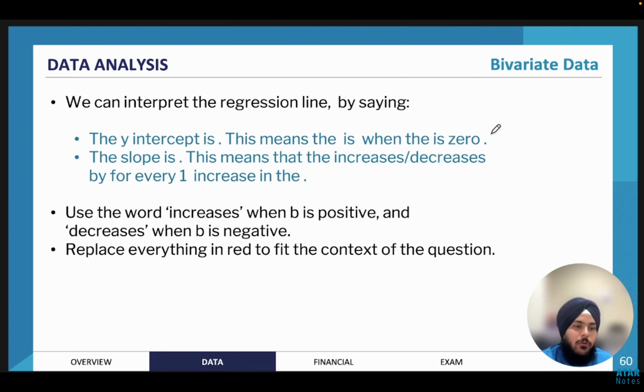Having a really good structure when you're describing the slope or the y-intercept is really important, because otherwise you'll get confused in the actual exam and you won't know what to write. So having a really solid model structure of how to phrase your response will be really important.